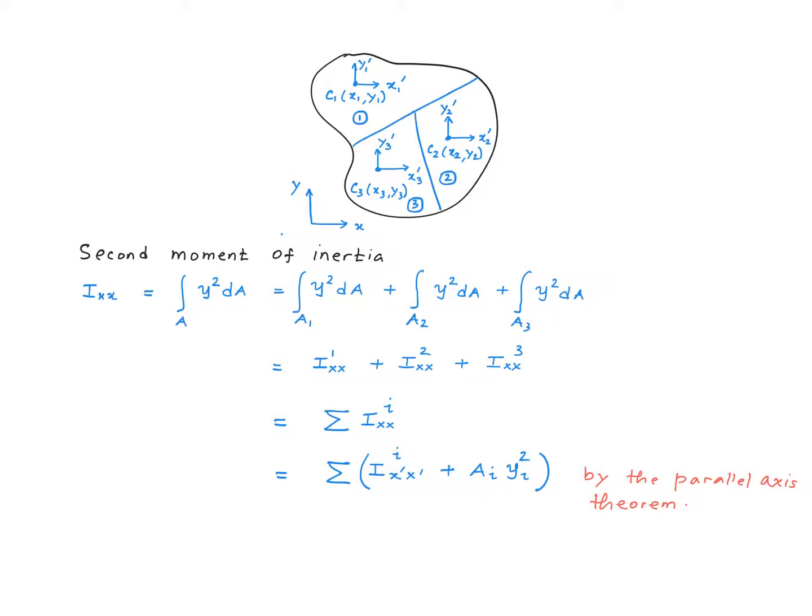Ai is the area of the sub-area i. Yi is the y distance to the centroid of the sub-area i from the x-axis. The expression for Iyy is similar.